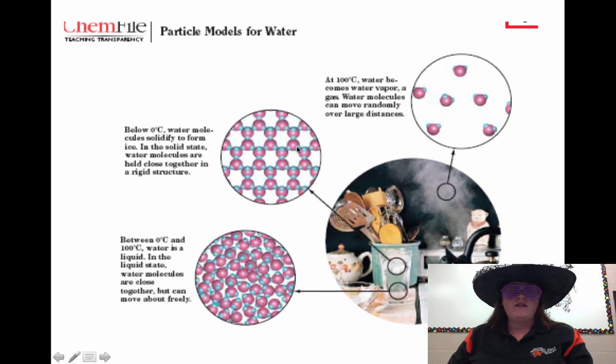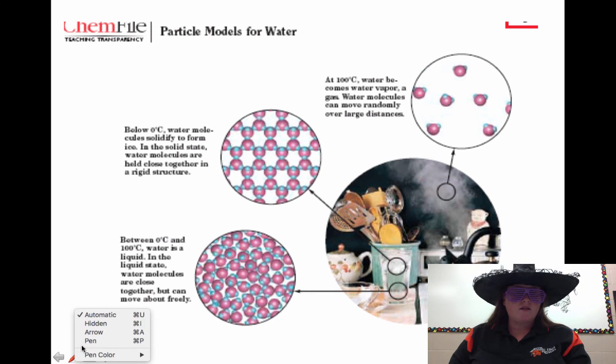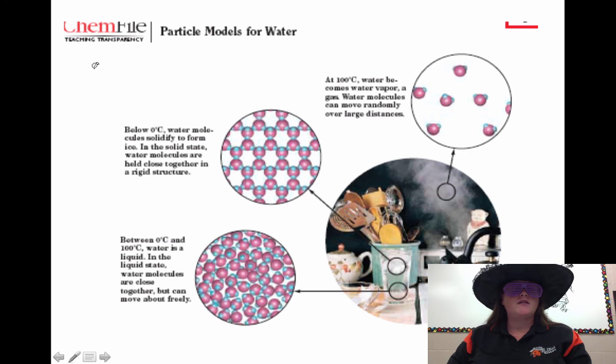So this is a model of water. This is just a reminder that when we talked about density of substances, we said that solids consist of atoms very, very close together in a very ordered arrangement. They just wiggle and jiggle and vibrate in place.